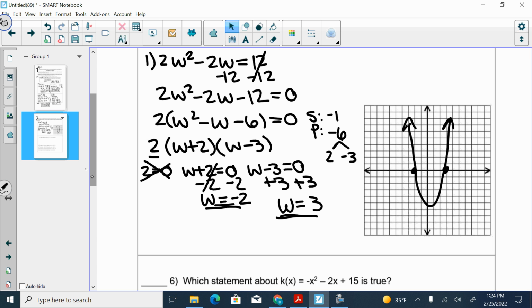No. You can't have negative length, right? So this one would actually not be our width. It would have to be our positive solution. So you can't have negative width or length.